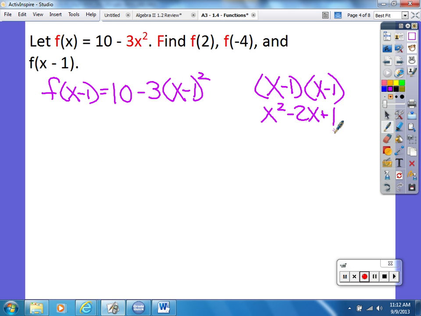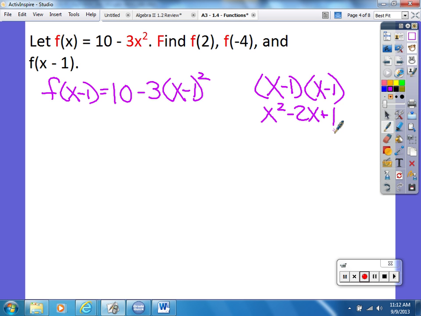But if you're the person that's saying, you know what, I can't do that in my head that quickly, FOIL out x times x, x times negative 1, negative 1 times x, negative 1 times negative 1. And then combine the middle two to get the negative 2x. That's fine. You can easily show that works. Or some of you can look at it and realize negative 1 plus negative 1 is negative 2, right?